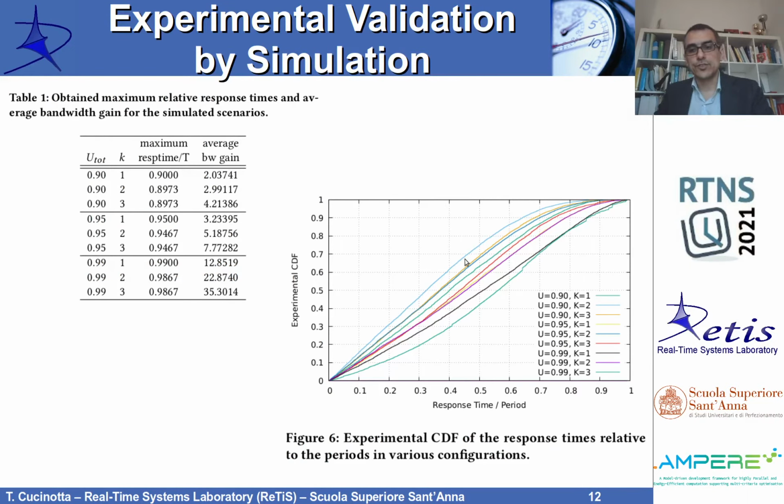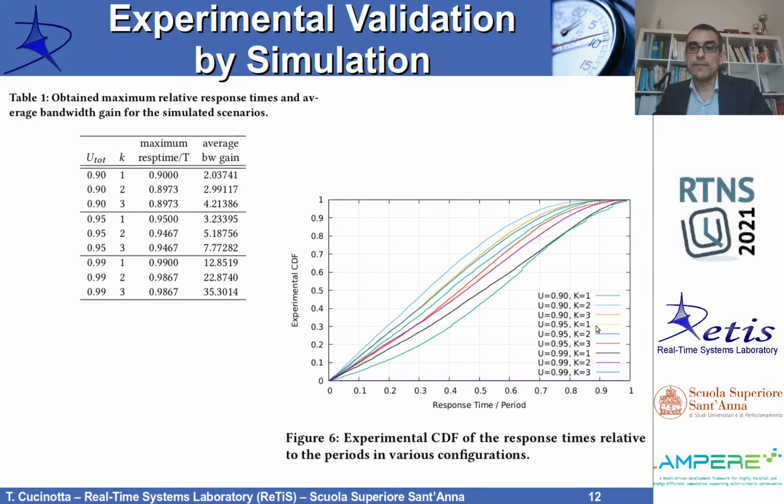The obtained results are shown in Figure 7 in the paper. We have the experimental cumulative distribution functions of the response times of all the tasks in the simulation, and we have verified that under all the configuration parameters, the maximum achieved response time is within the period, so it doesn't go beyond the period.